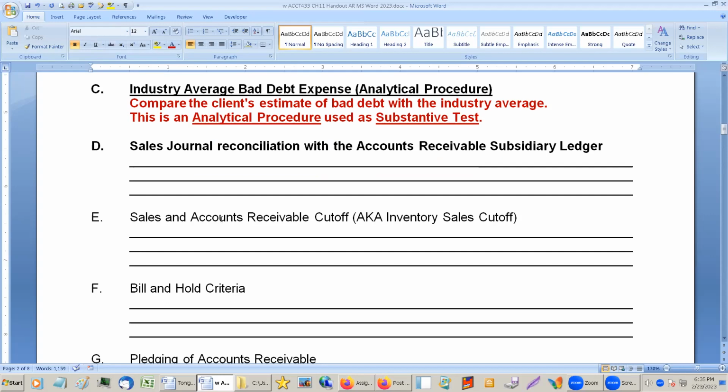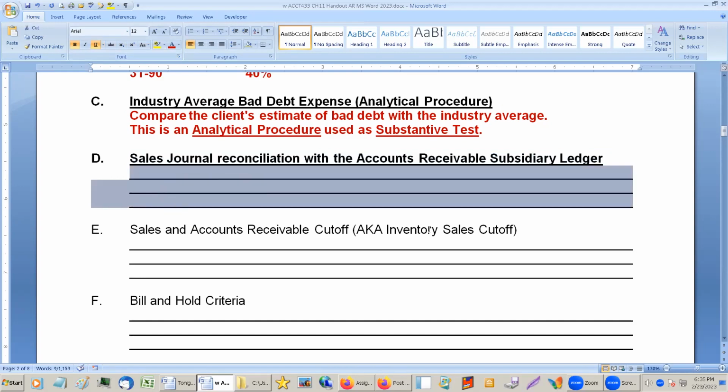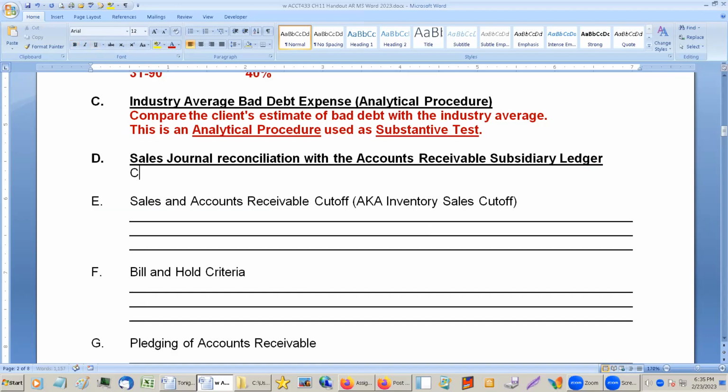Sales journal, reconciliation with the accounts receivable ledger.